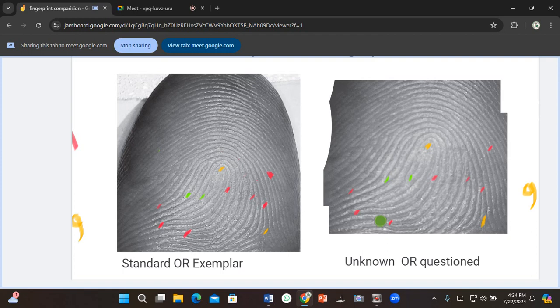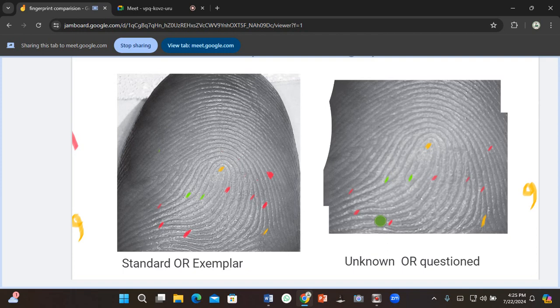So we have to determine the number of points of comparison and the quality of fingerprint. You have to look at the quality of the fingerprint when you are about to do your comparison. If the quality is not okay, you may not see what you're supposed to see, especially the quality of the questioned one, the unknown.